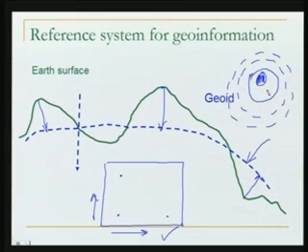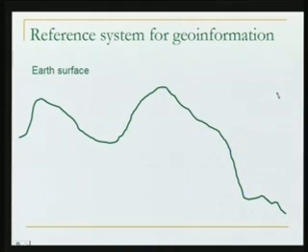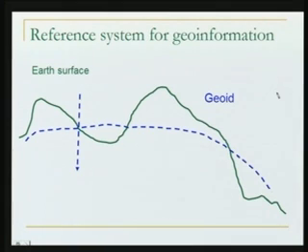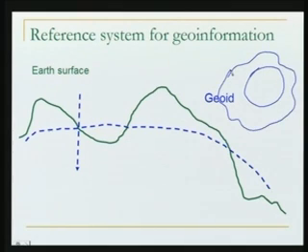Somewhere it is more, somewhere it is less. Now what does it do? Because of the non-uniform distribution of mass, for our earth, the geoid will be of a different shape.